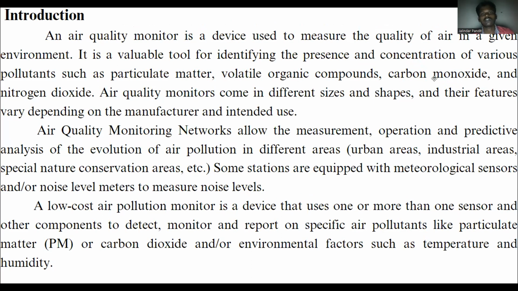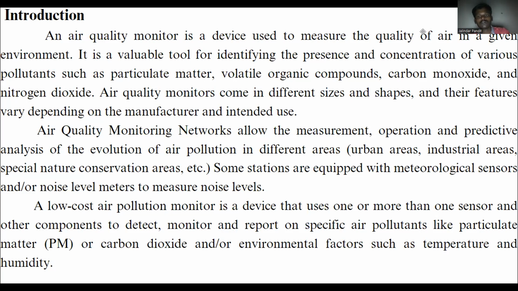Air quality monitors come in different sizes and shapes, and their features vary depending on the manufacturer. The air quality monitor is a network of measurement stations for the evaluation of air pollution.